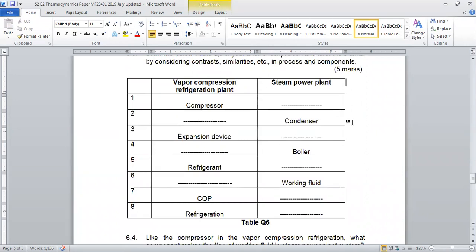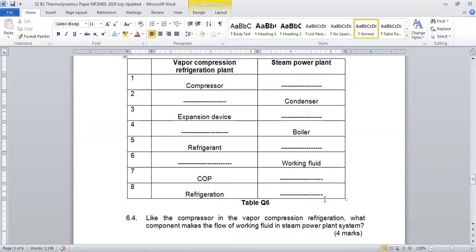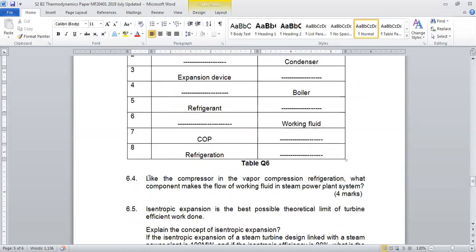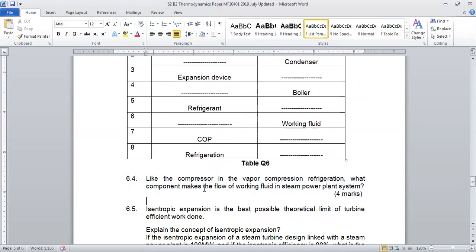So you have refrigeration, steam power plant. So matching the components. So you definitely must have a good knowledge on this. Some questions, like the compressor in the vapor compression, what component makes the flow of working fluid in the steam power plant?